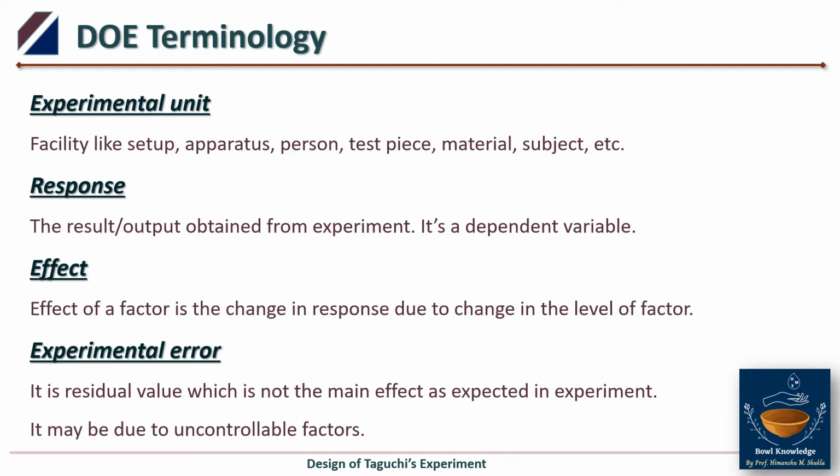So it may be due to uncontrollable factor. Simply means whatever the effect which was either anticipated or expected by changing the factor, if the change or the effect is more or less than that anticipated effect, that particular part which is more or less than anticipated, it is experimental error.